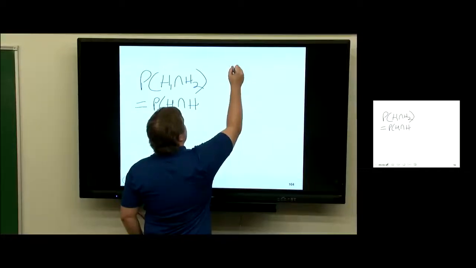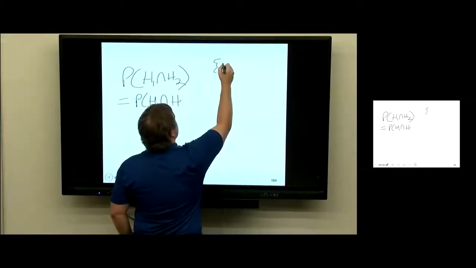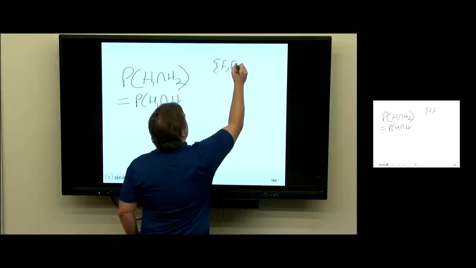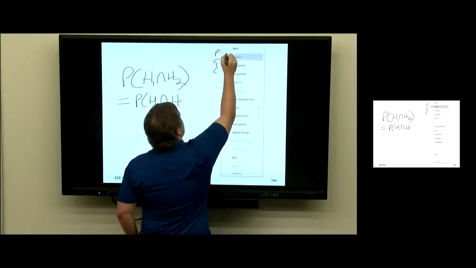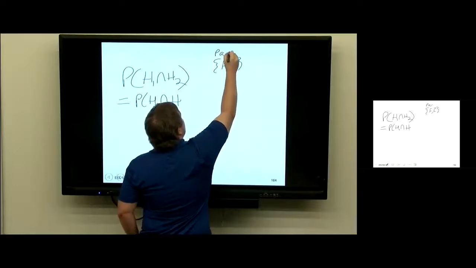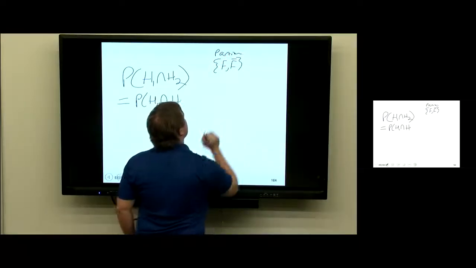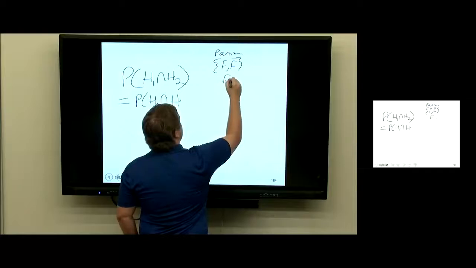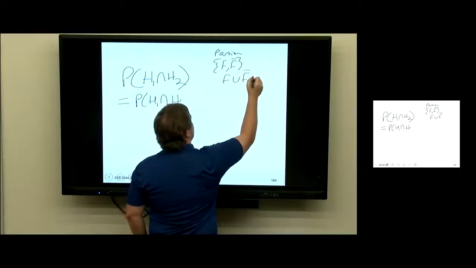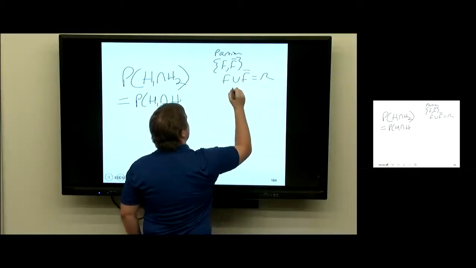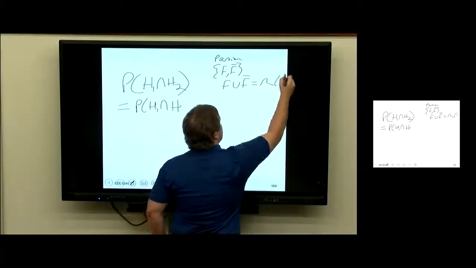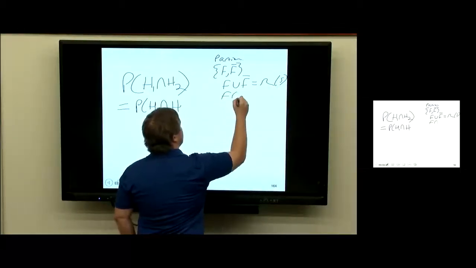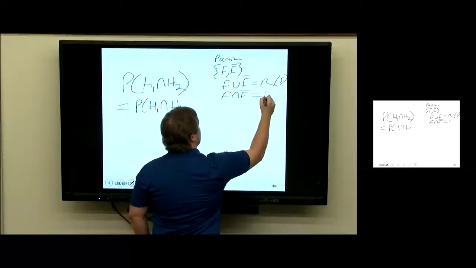So our partition is F and F bar. And notice that F intersect F bar equals omega, or S, and F intersect F bar equals empty set.